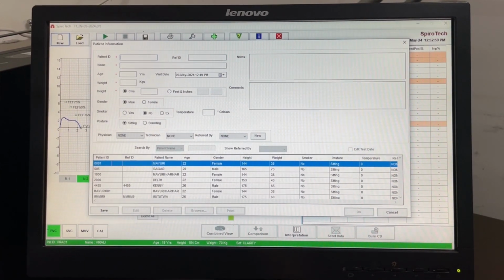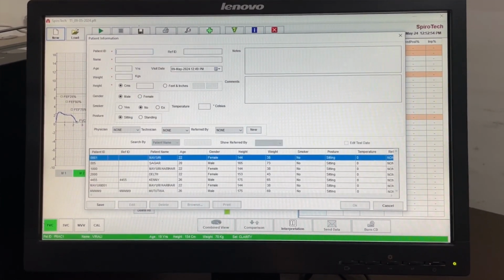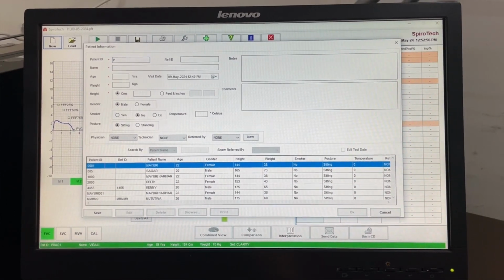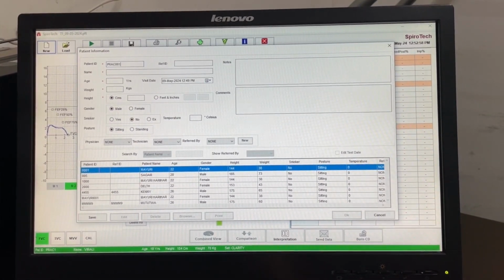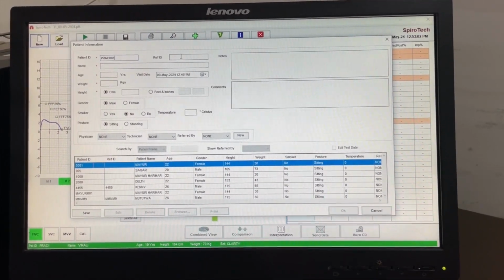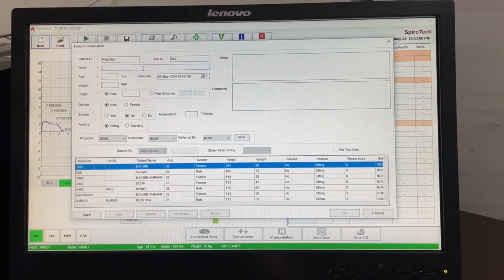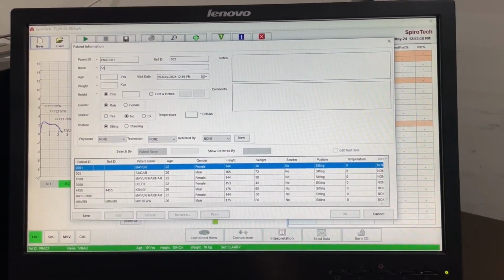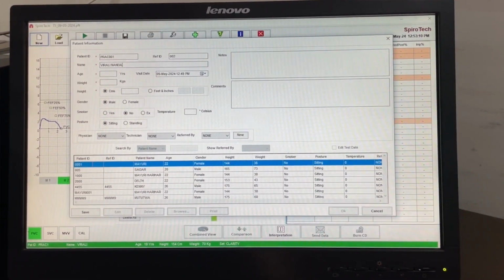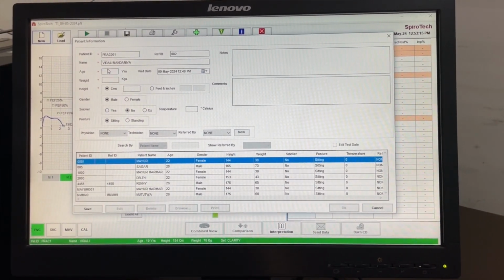So now I am going to collect some data from the patient and enter it into the software. First let's start with the patient ID. The patient ID is 001. The reference ID is 002. May I know your name, please? Virali Nandanya. Okay, your age, please? 20.